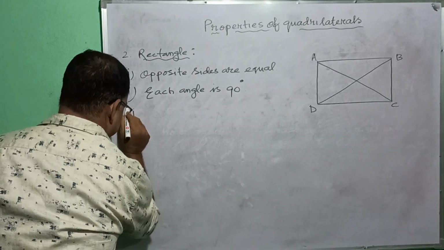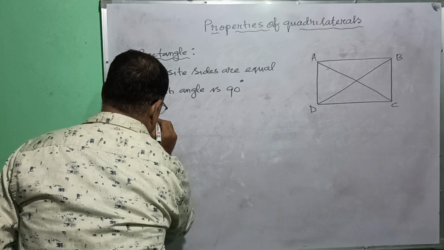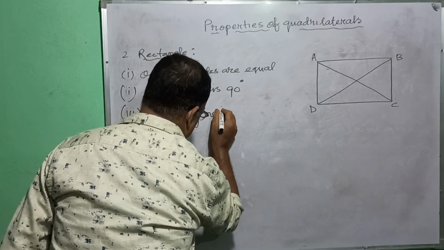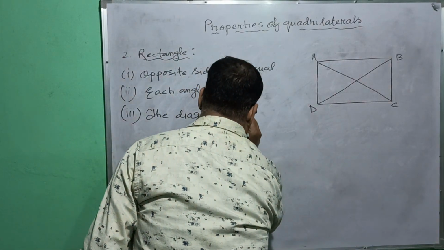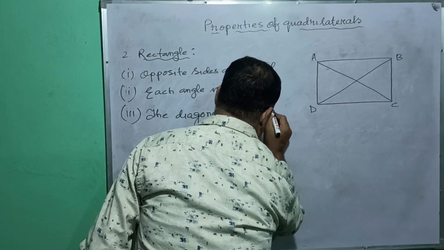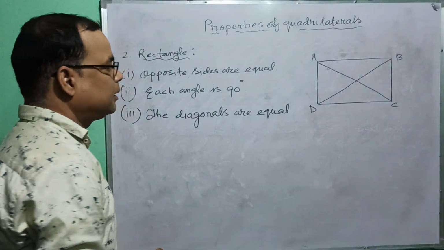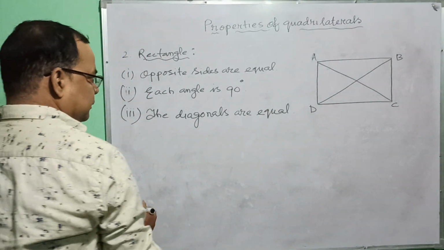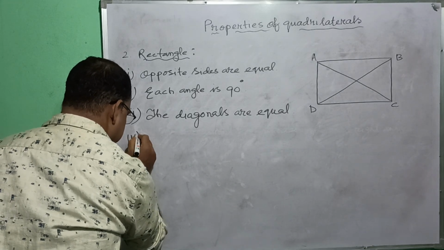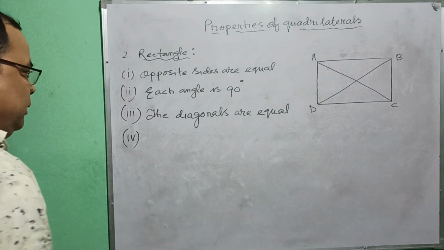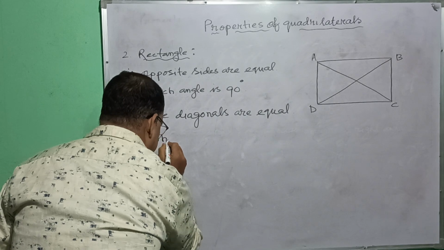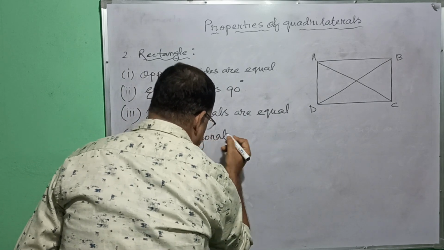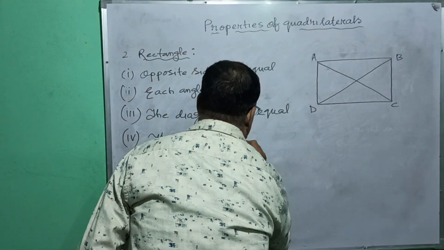Number three, the diagonals are equal. So here also the diagonals AC and BD are equal in measure in case of rectangle. Then number four, the diagonals bisect each other.